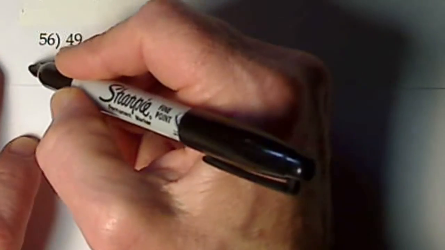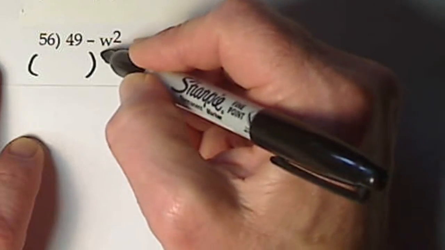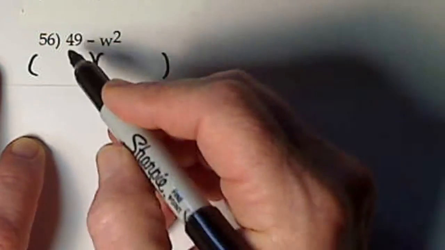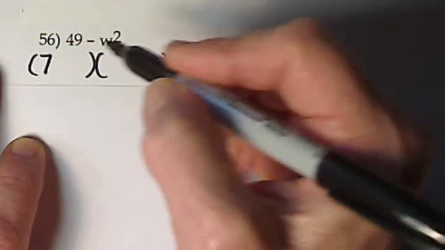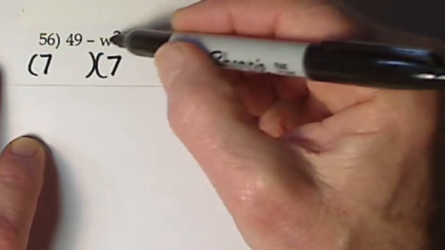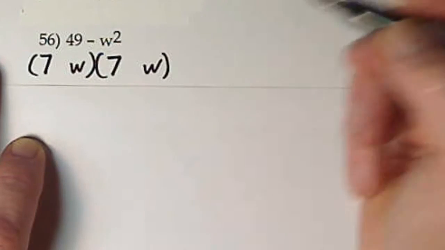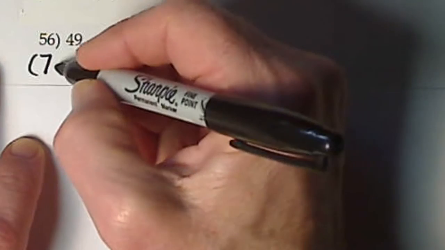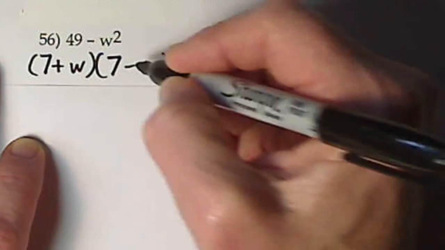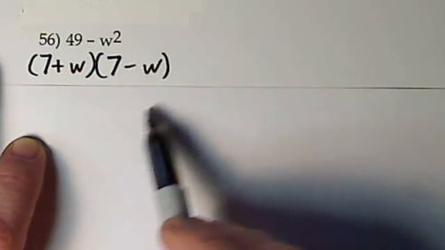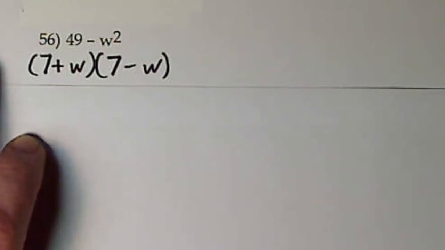So to write the factored form, the square root of 49 is 7. The square root of w squared is w. And then you just have to remember that one gets a plus and one gets a minus. If you multiply these together, you'll get that.